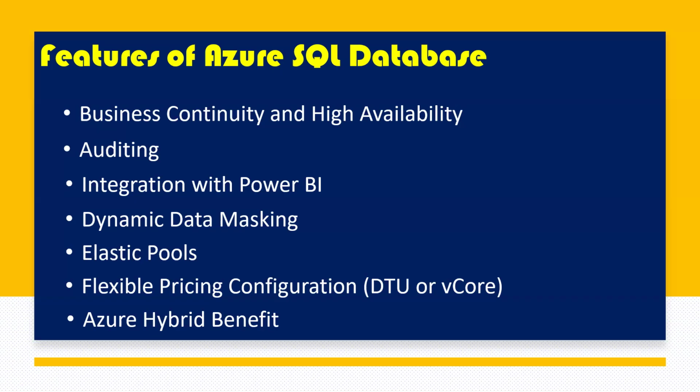So Microsoft provides that whatever remaining period you have on your on-premises license, you can utilize it in the Azure database. The on-premises Microsoft SQL Server database license, you can use for the cloud also. This is called hybrid benefit.